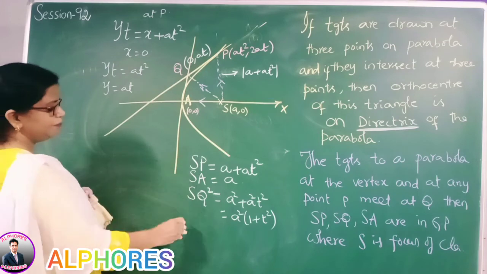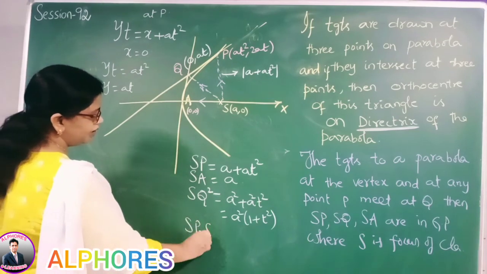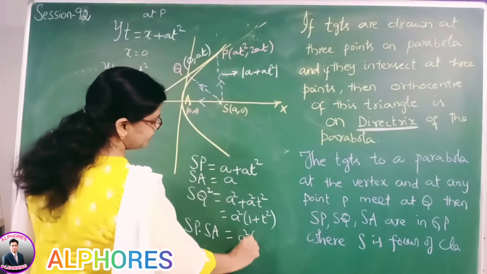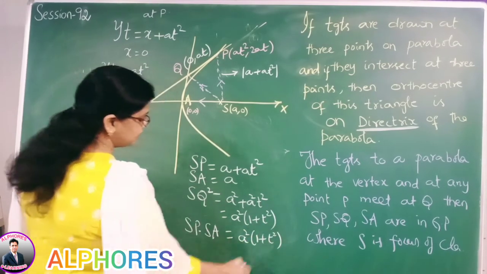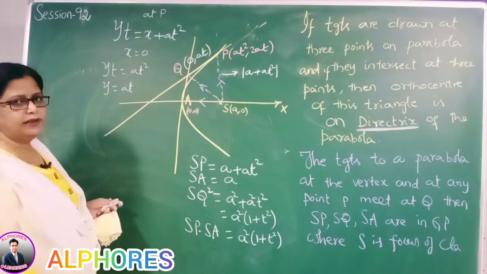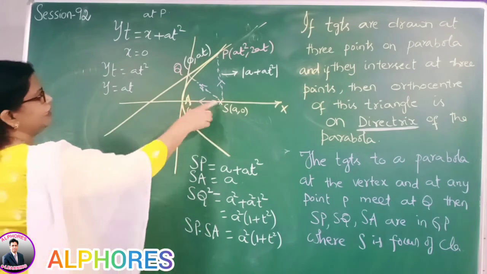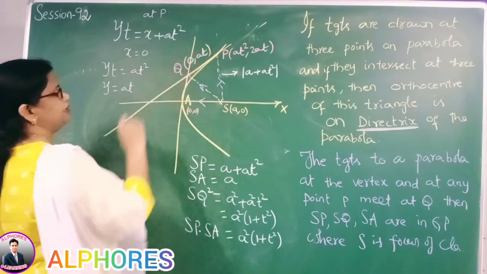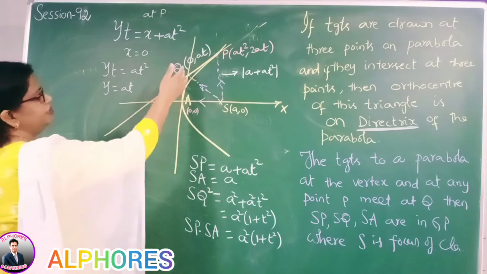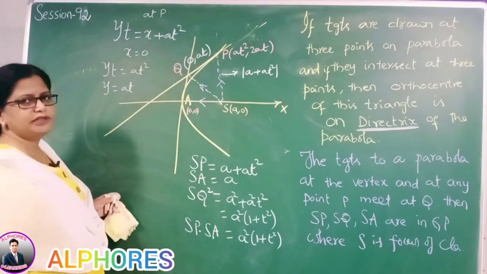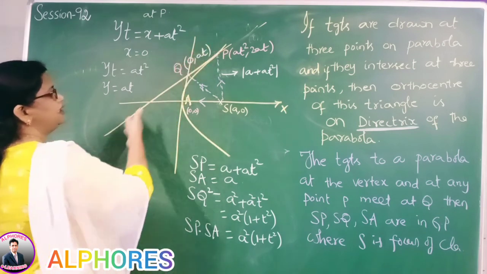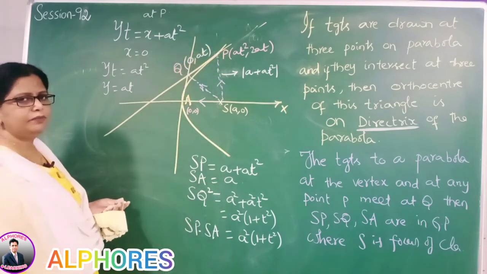The product SP into SA is a into this value, so a square into 1 plus t square. Clearly you got the form B square equal to AC, which implies the values SA, SQ and SP are in which progression? Geometric progression. So which value is Q here? Observe clearly, the tangent at the vertex and the other one, the tangent drawn at any point on the parabola.